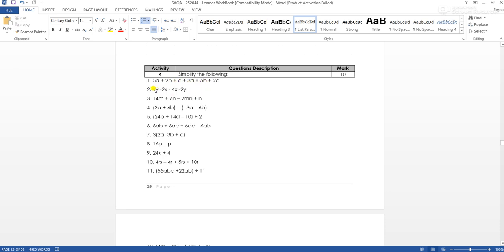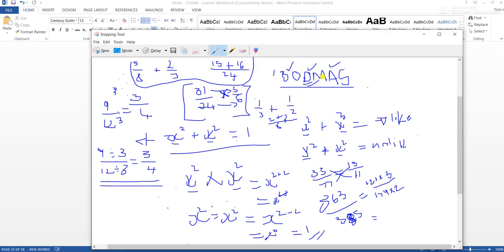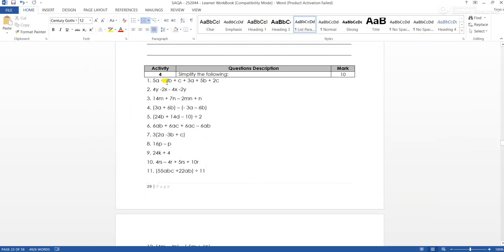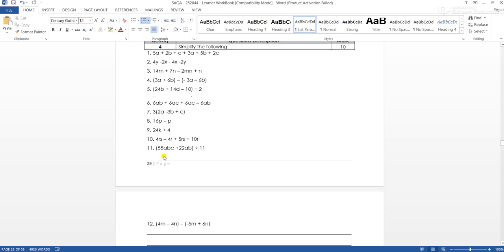We can even simplify to say 5 plus 3 will give you 8. 2b plus 5b will give you 7b, and this c represents 1c. So this c plus 2c will give you 3c. So you will use the same approach for the rest of the questions.